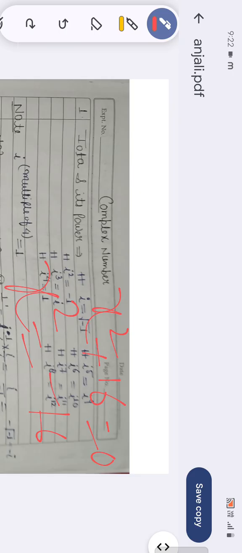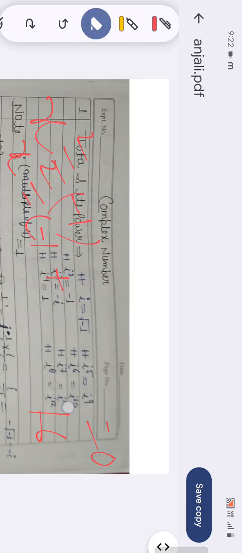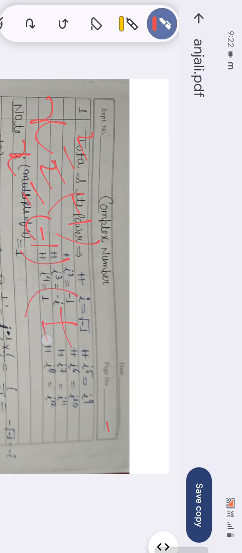How will we find out the root of this number? So we can separate x square as minus 1 times 16. We know the root of 16, so x equals root of minus 1 times plus minus 4.